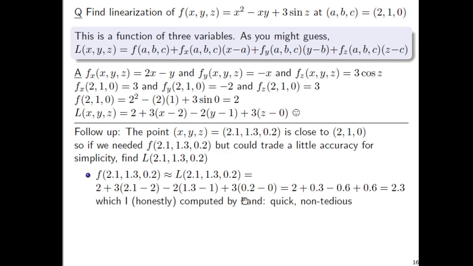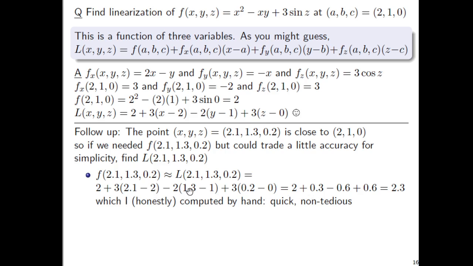Now, this is really a hand-done calculation, right? 2 plus 3 times quantity 2.1 minus 2, minus 2 times quantity 1.3 minus 1, plus 3 times quantity 0.2 minus 0. Let me just point out how you do this by hand. 2 is copied. Look, 2.1 minus 2 is 0.1. So 0.1 times 3, that's 0.3.